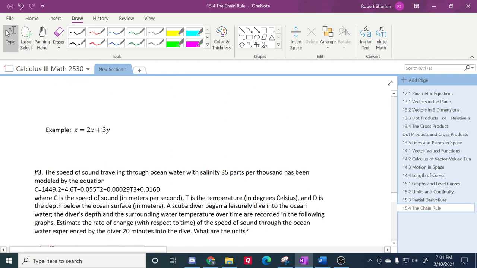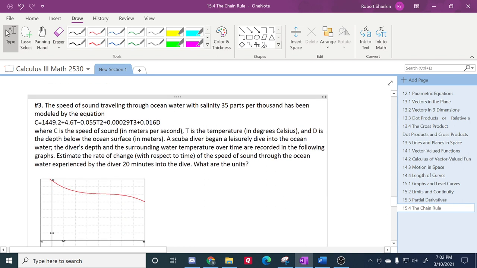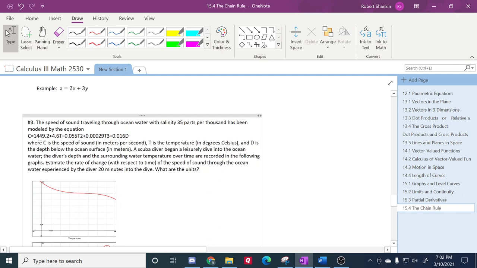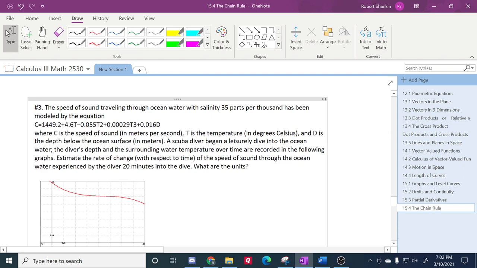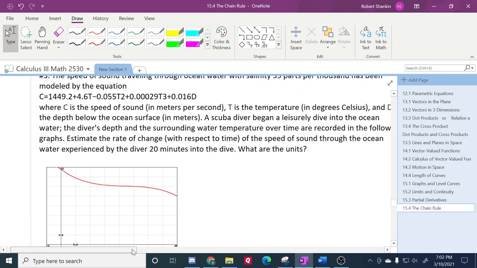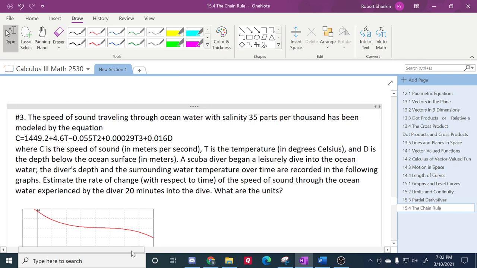Alright, now we got this really sophisticated problem. Well, let's keep it big for the reading of it, and then we'll have to see the chart afterwards. Alright, so the speed of sound traveling through ocean water with salinity 35, so how much salt it has. Okay, so it depends on how much salt, so they're holding the salt constant.